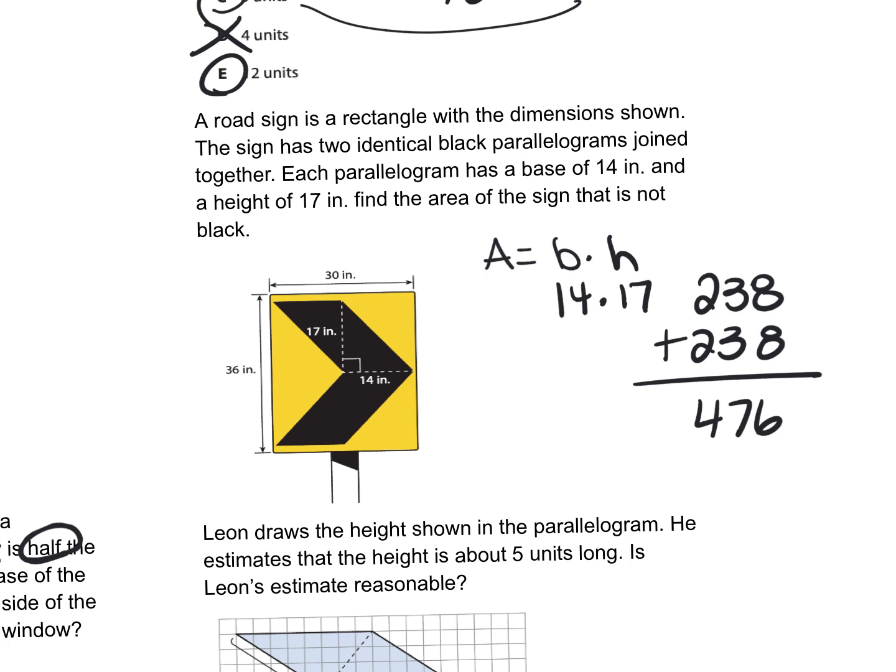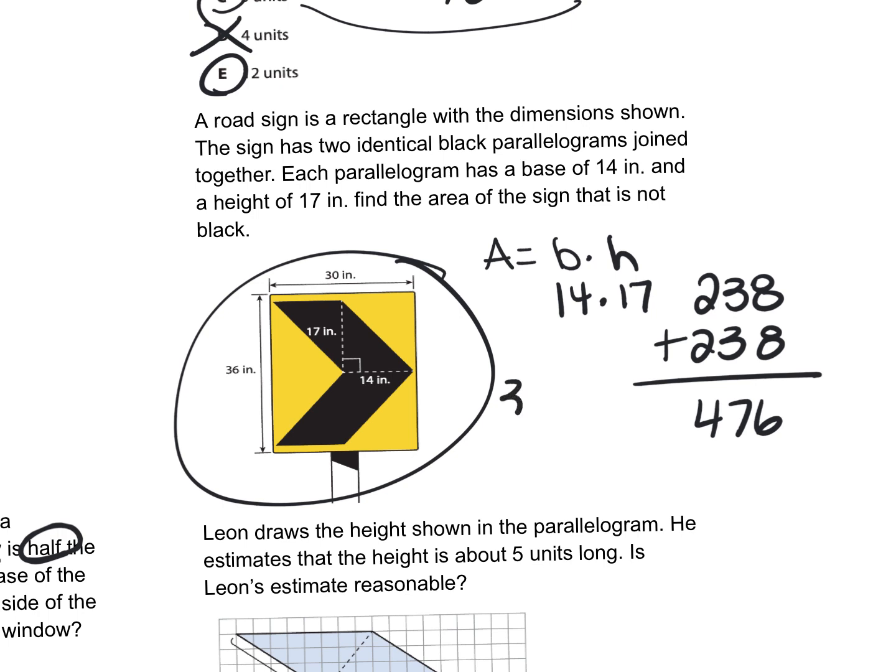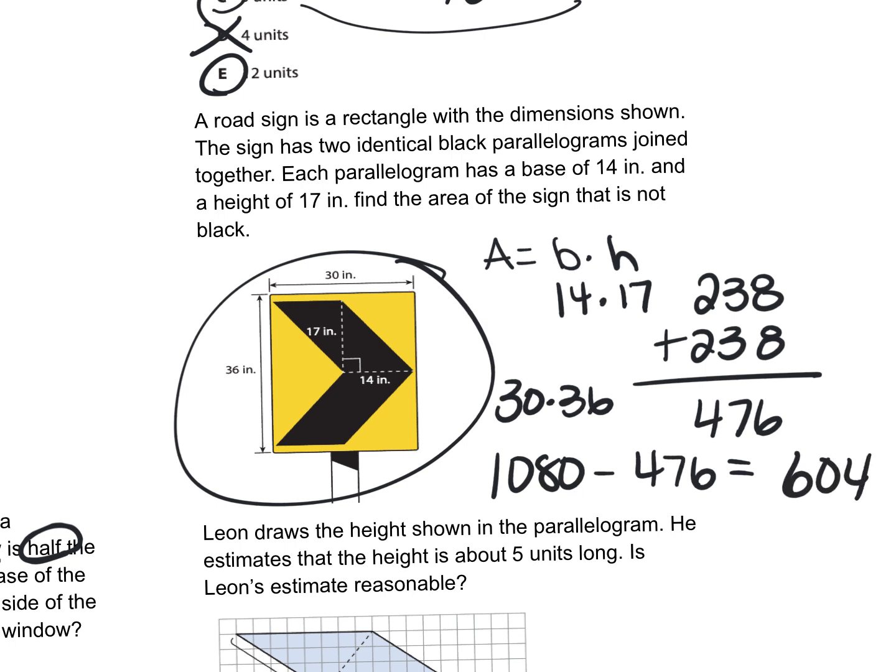So I have to find the area of the whole shape by saying 30 times 36, and I get 1,080, and then I have to subtract that 476, and I get 604. So the area of the yellow is 604 inches squared.